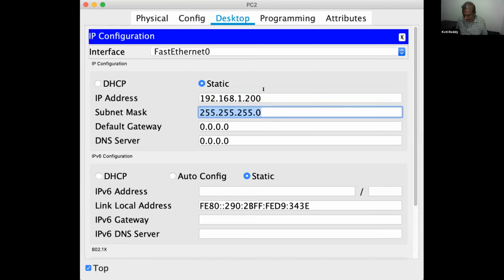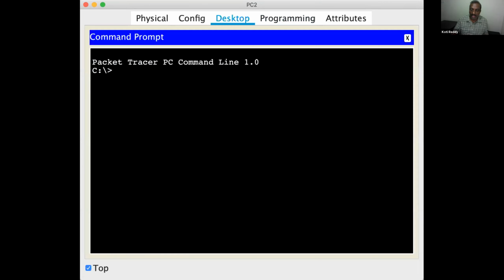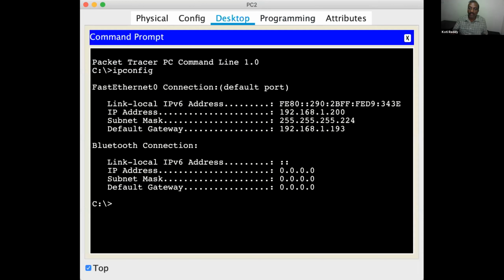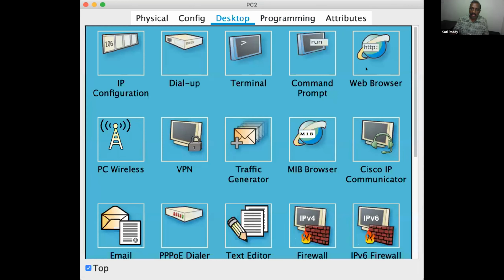The subnet mask is 255.255.255.224, /27. The default gateway IP address is 192.168.1.193. Again I go here and run IP config. This is the IP address I have. I've done this.